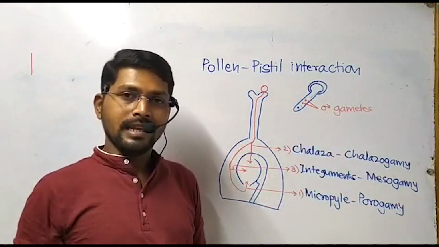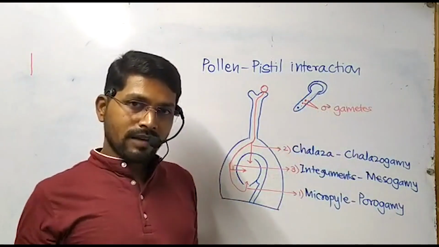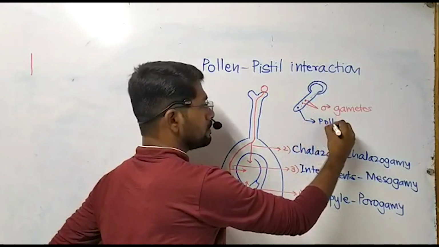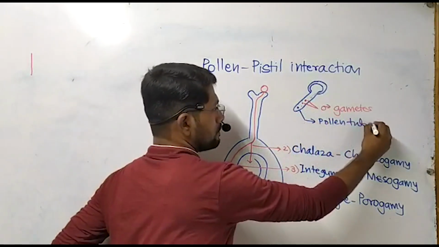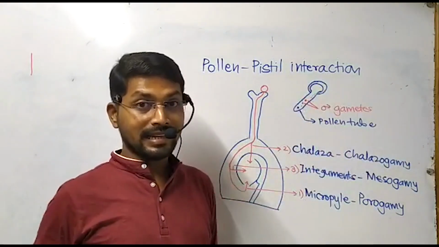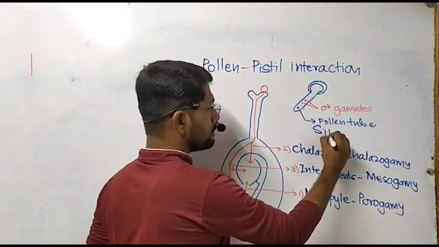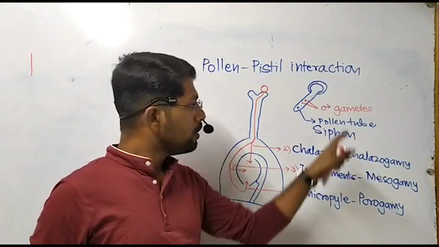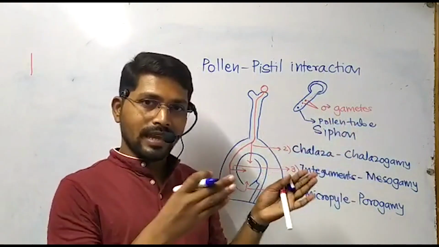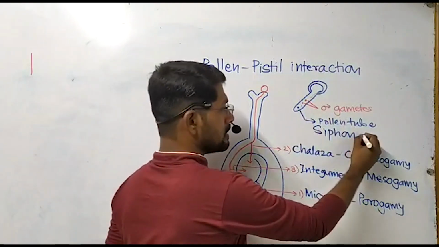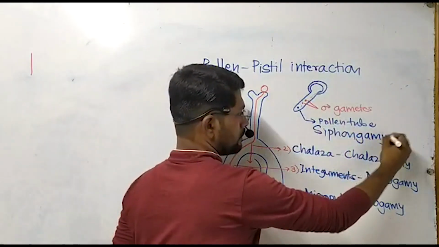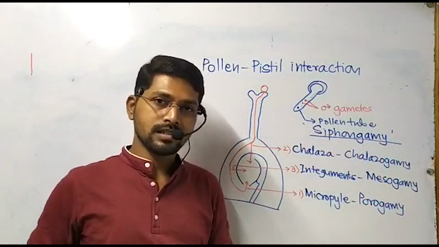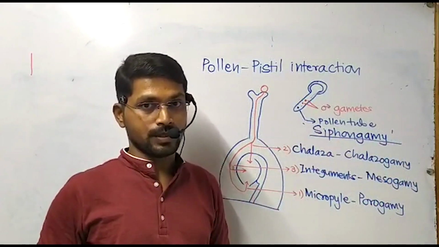In angiosperms, the male gametes travel through a tube, called the pollen tube. Tube in Latin is called siphon, and therefore the travelling of male gametes through the pollen tube is considered siphonogamy, and thus siphonogamy is again an important characteristic feature of angiosperms.